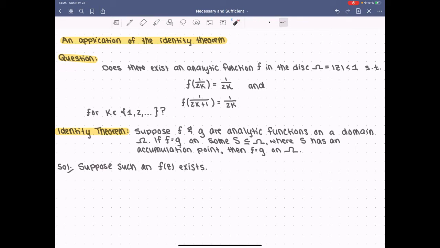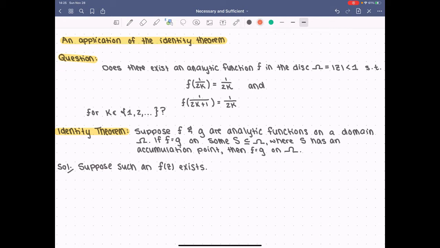So we need to find a function g that agrees with f on some s that has a limit point and is contained within omega. So a hint for this problem on what s we want to use is let's take a look at 1 over 2k. So I claim that if I take the set of 1 over 2k for k living in 1, 2, 3, this has a limit point, namely 0.